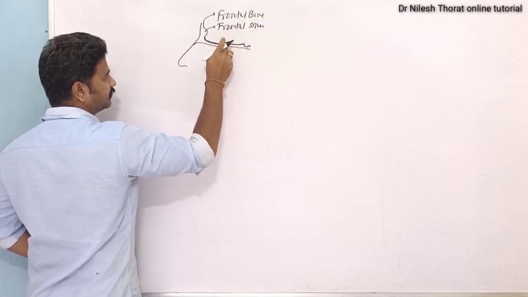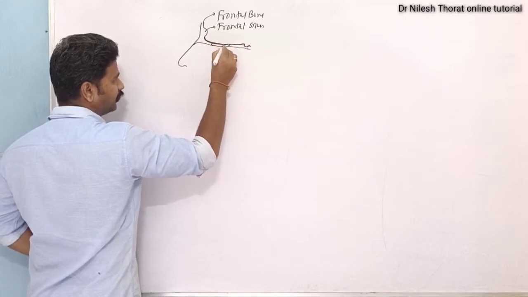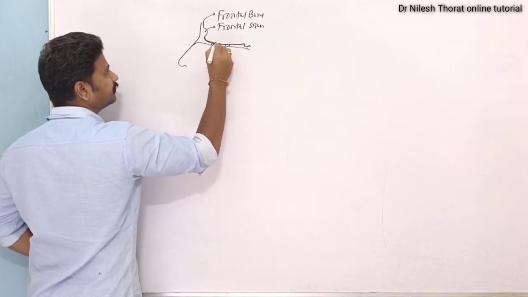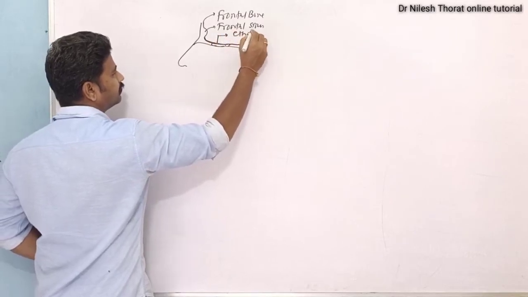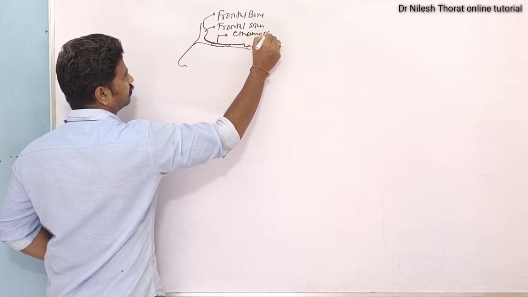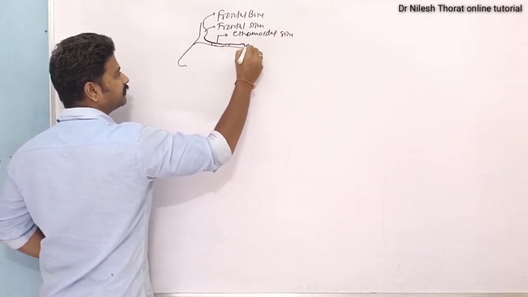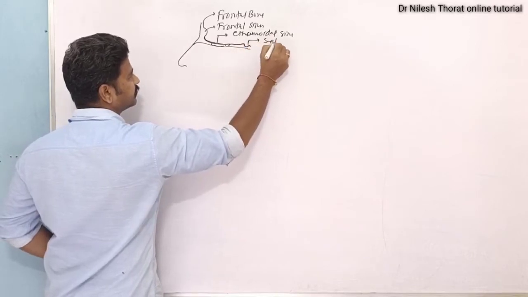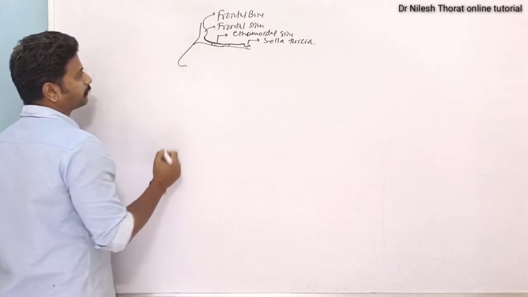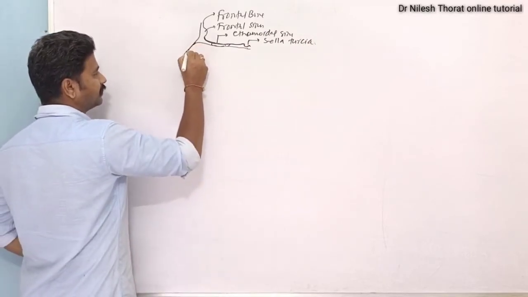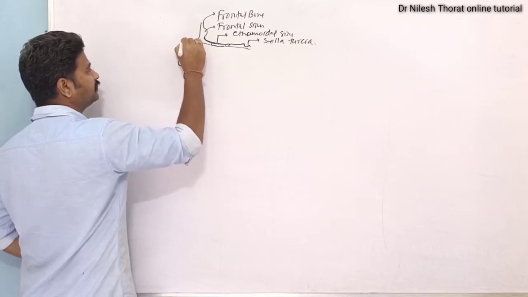This is a ethmoidal bone which will also have an ethmoidal sinus. Then this is sella turcica. Then this is our nasal bones which are forming a nasal bridge.